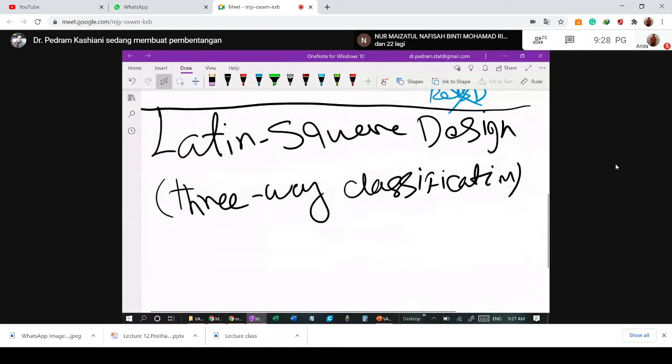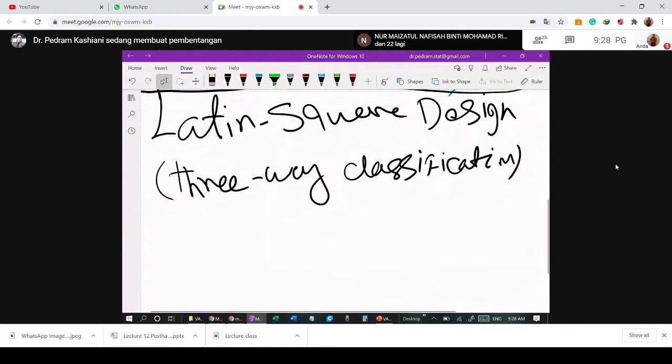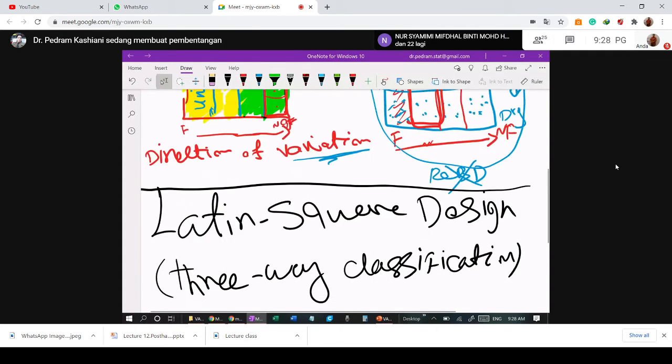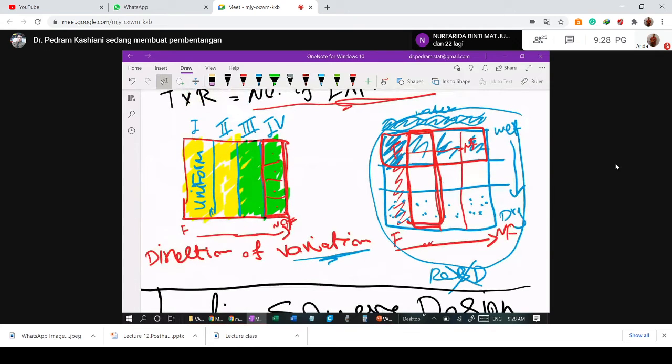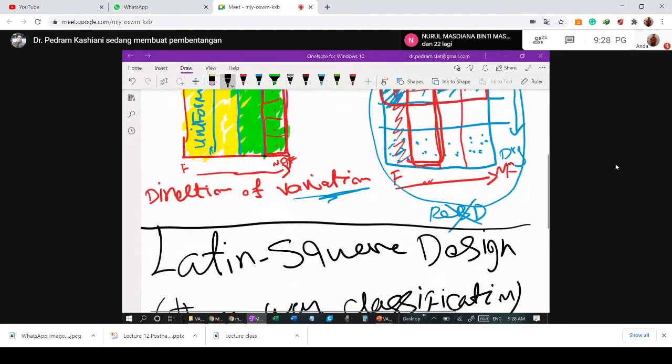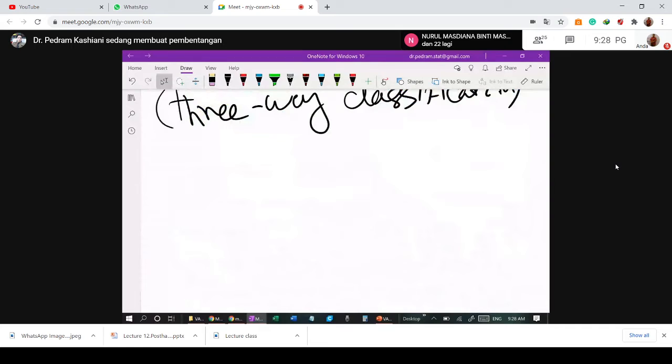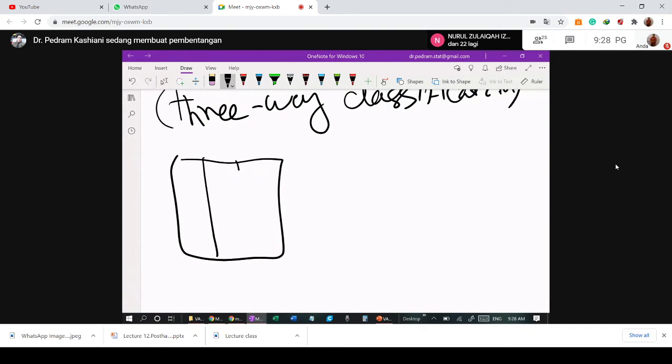So now we want to do blocking two times. One time we block from left to right, one time we block from up to bottom. Let me draw it again here. From left to right, I block like this.